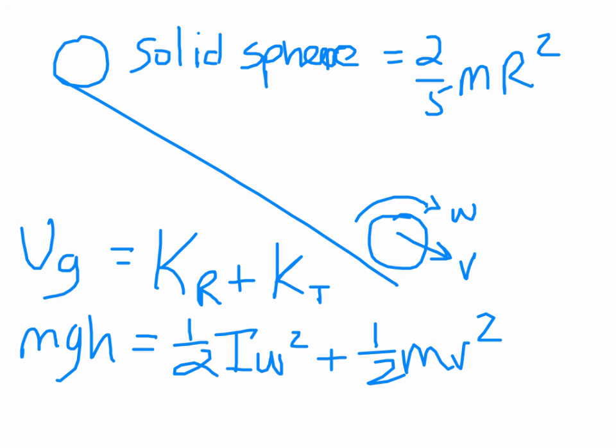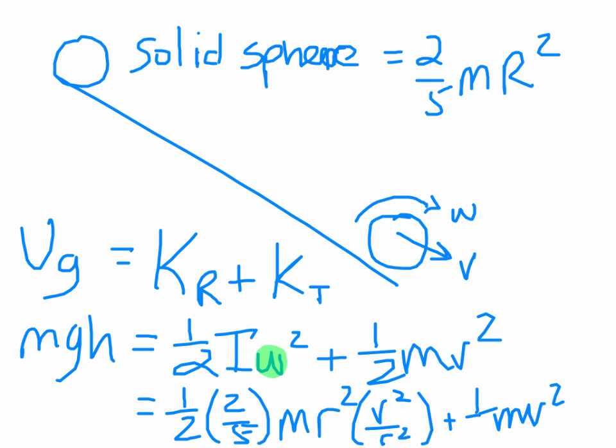And if I want to solve for the speed at the bottom to prove that the speed is faster than other rotating things at the bottom of the hill, I'm going to sub in my moment of inertia, and I'm going to get rid of my omega and make it straight line linear velocity. Putting in the moment of inertia as 2/5 mr squared and subbing out omega to be v squared over r squared, I can see that some things will cancel for me.